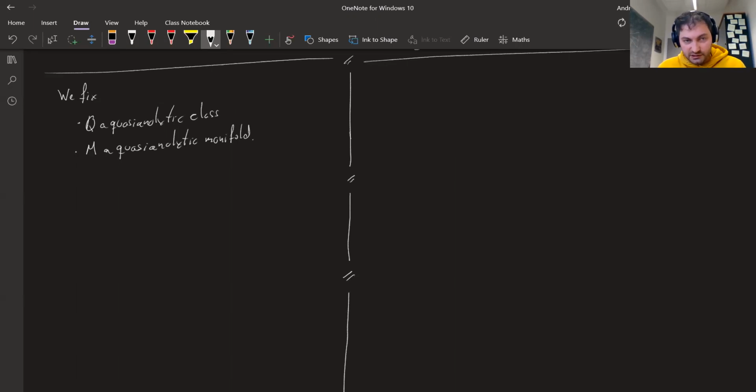It's a smooth manifold where the atlas is in the quasianalytic class. The transition maps and everything are going to be quasianalytic, and the function field that we consider over it is quasianalytic. And just as before, Q of A is the ring of germs at A. Okay, so we start with the notion of blowing up.